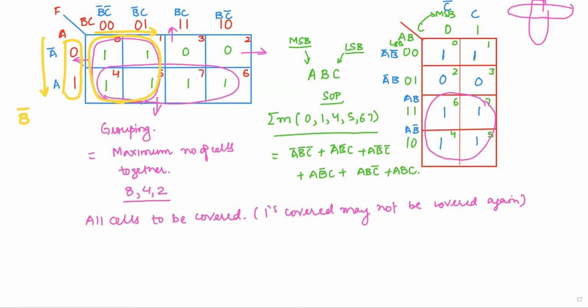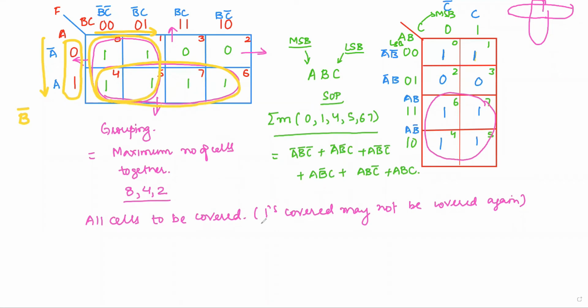Now coming towards this group. When this group is being listed, you can see the value is changing from B bar to B, and then B to B, C bar to C, C to C bar. So all the values are changing. So we cannot list them.